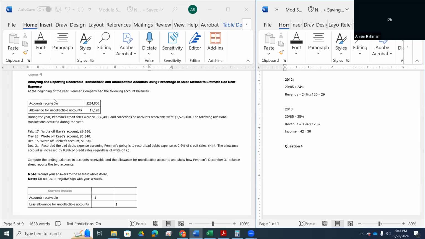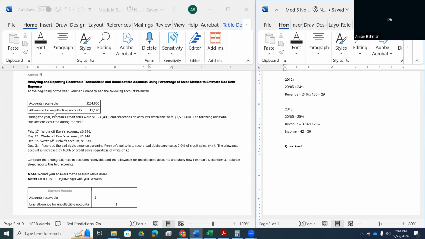At the beginning of the year, Penman Company had the following account balances: accounts receivable, allowance for uncollectible accounts. The allowance for uncollectible accounts is the amount a company thinks it probably will not be able to collect from its customers.